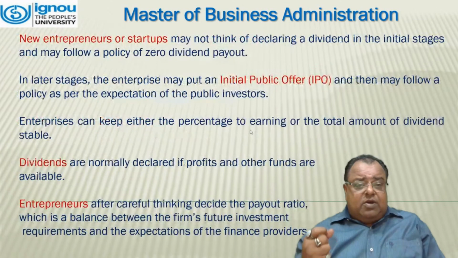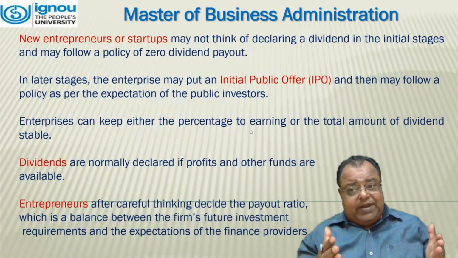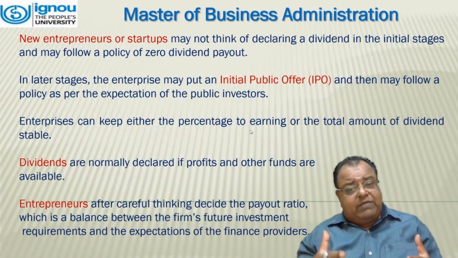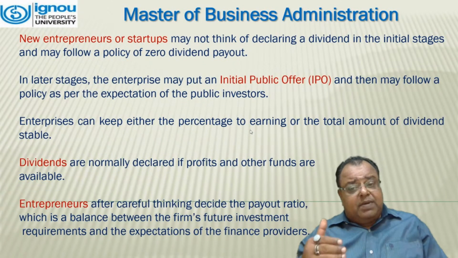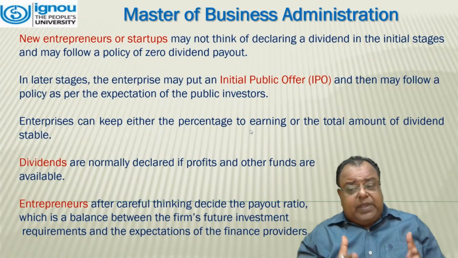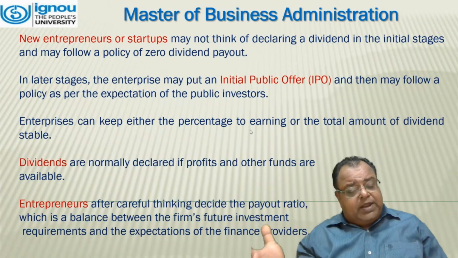New entrepreneurs or startups may not think of declaring a dividend in the initial stages and may follow a policy of zero dividend payout. In later stages, the enterprise may bring out an initial public offer, what we call an IPO, and then may follow a policy as per the expectation of the public investors.